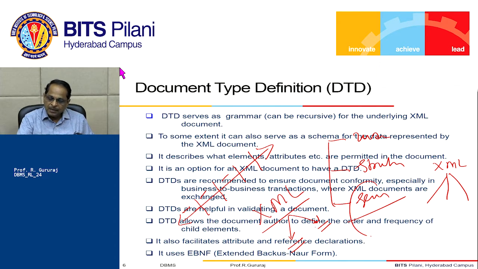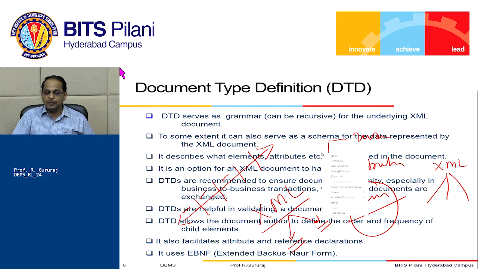That's why XML documents or the XML data model is known as a semi-structured data model. It is an option. If the user wants, he can impose structure, otherwise he can construct an XML document without imposing any structure. And when I am using this DTD, in other words, I am going to impose structure on the XML documents.